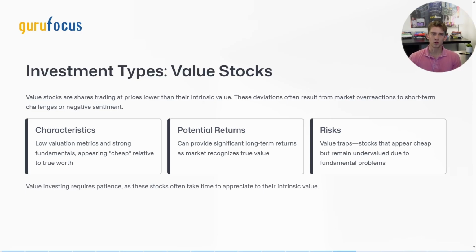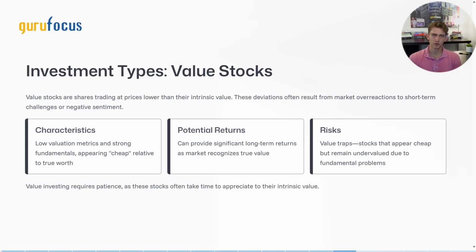One common one is described as value stocks. Value stocks are when a company's shares are trading at a price below what investors believe to be the intrinsic value of the company. The intrinsic value is the estimated true worth of the company based on fundamentals, such as profitability and financial strength, as opposed to the current market price of that stock.